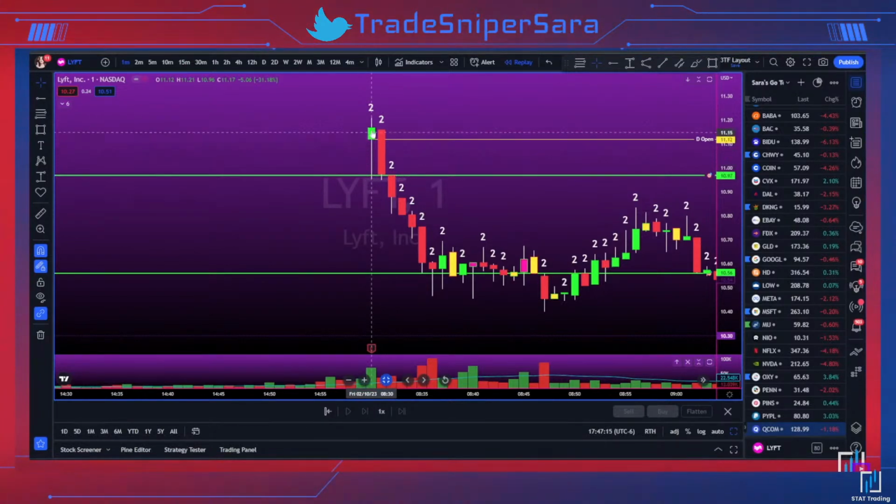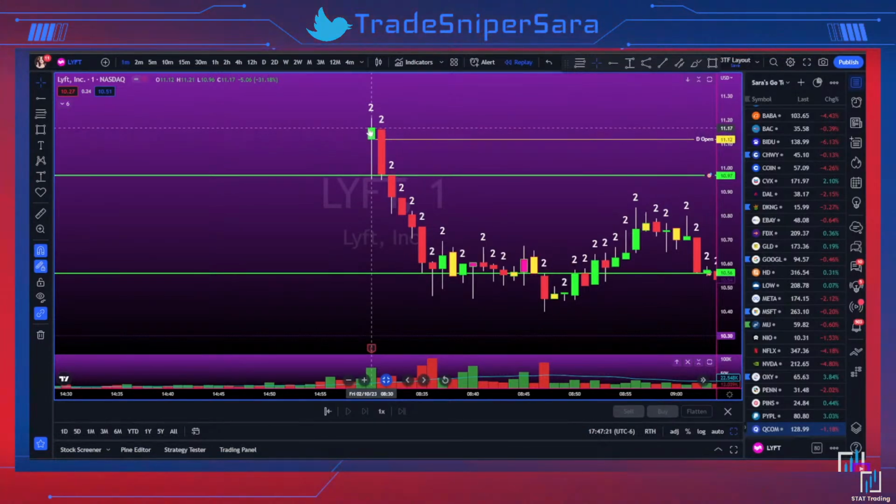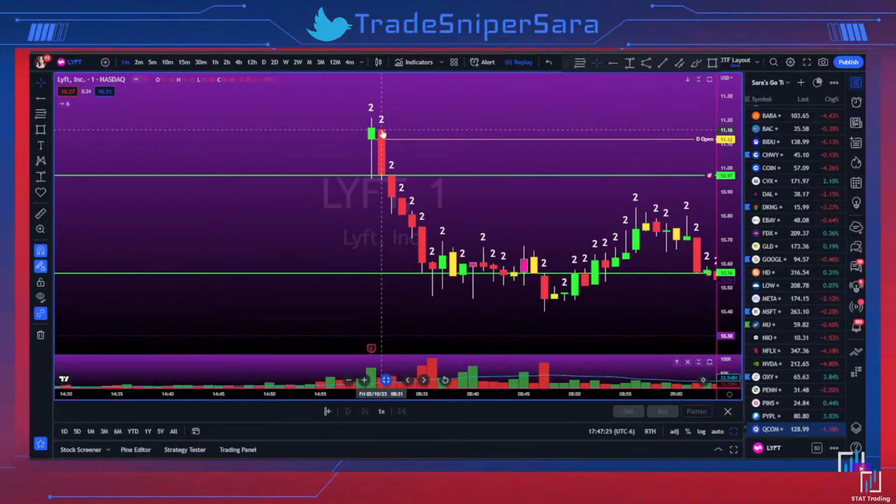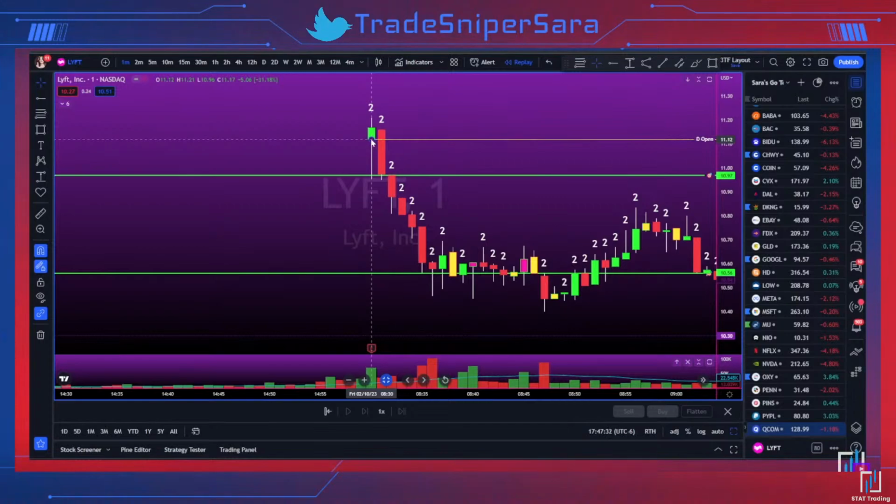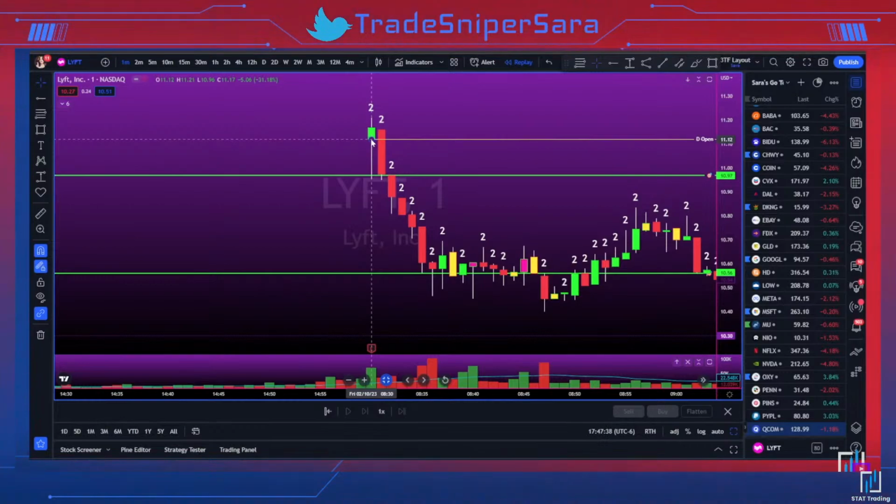So the day, when the first 1 minute candle closed here, the day would have been green, right? Because we were above the open. And then the second candle of the day flipped and instantly went red, trading back below the daily open. And this is what a lot of traders in the technical analysis world will call a green to red move. We just call it a continuity flip.